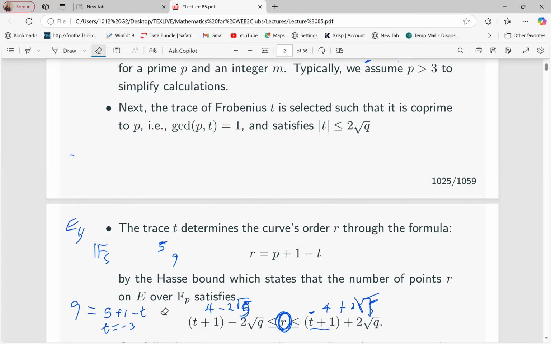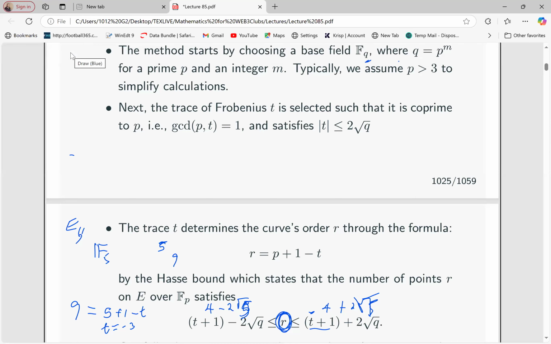Root 5 is approximately 2 point something. The answer you get multiplied by this, subtract from that. Then this again, approximately 2 point something. The answer you get, and then again add to that.